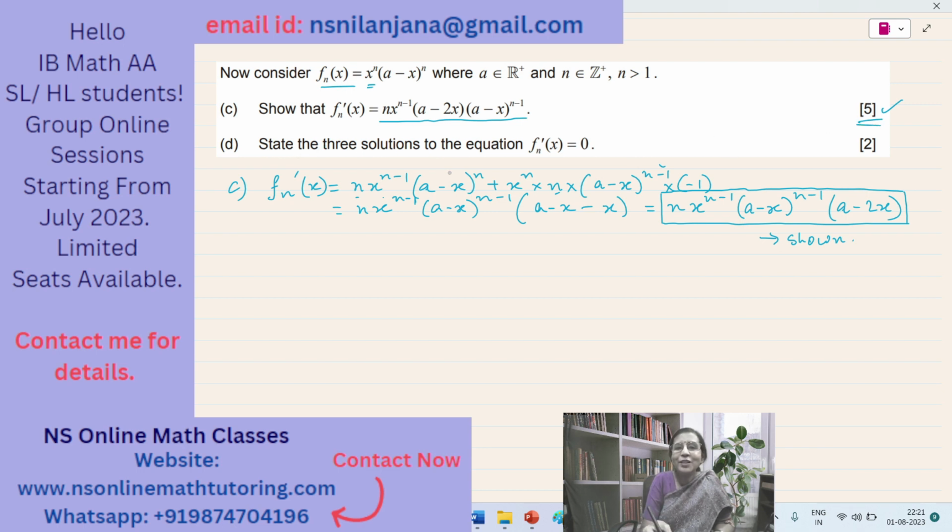State the 3 solutions to the equation f_n dash of x equal to 0. That means the first derivative is equal to 0.